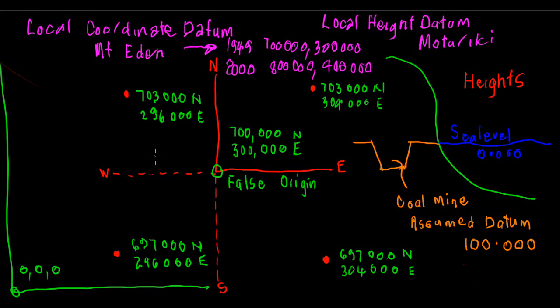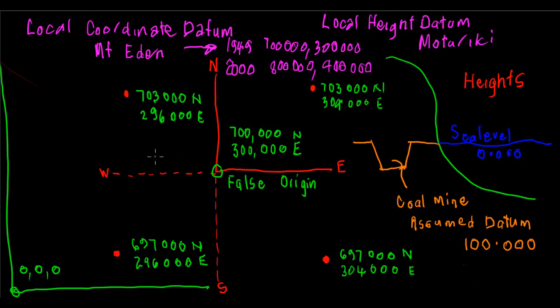Now, in the case of heights, the Z coordinate, it's usual that the origin or the zero of the heights is mean sea level. Now, sea level fluctuates cyclically through a 19-year period. So at some sites around New Zealand, the sea level has been measured continuously and the mean sea level has been determined.